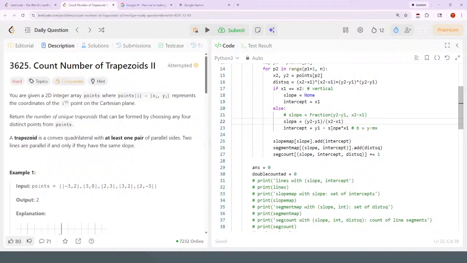Oops, oops, oops. Let's now create the slope.